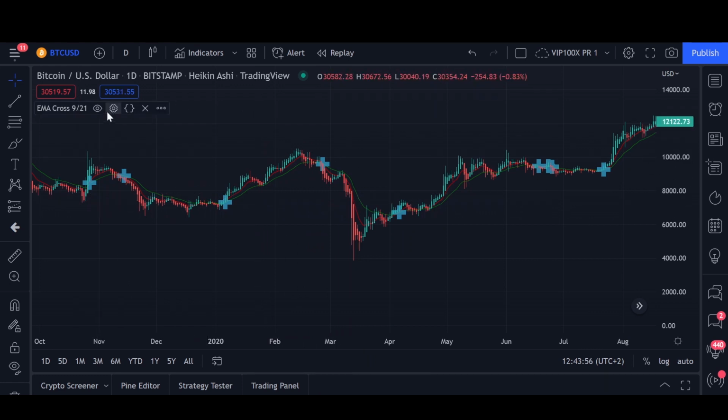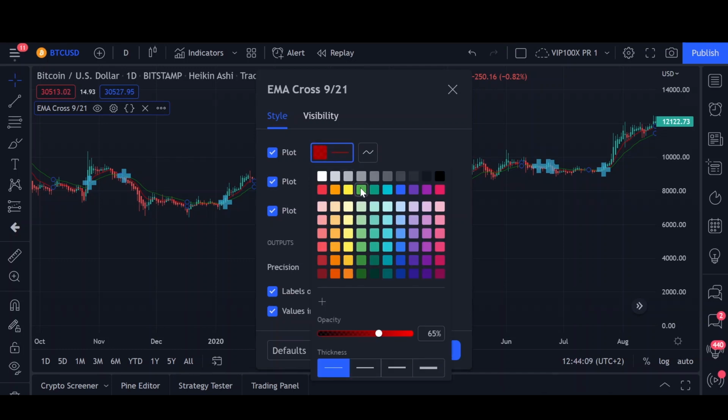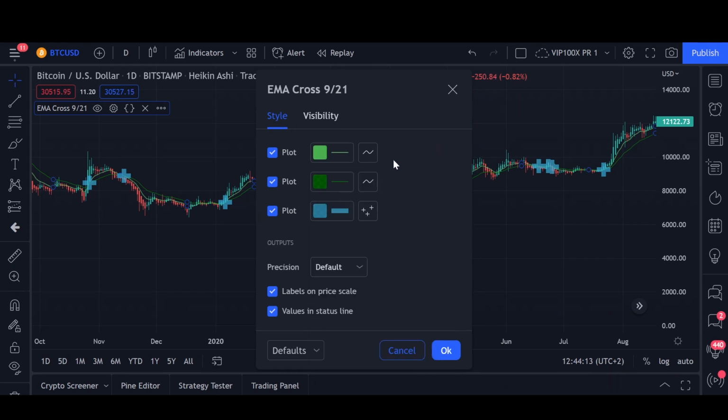In order to change the appearance, you go to settings here and change the color of the lines. You will change the red into green like this and the green into red. You can use the colors you want, but we recommend the green to be above the red when the cross is for longs and vice versa for shorts.